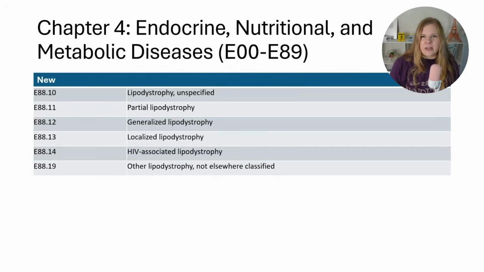The updates break down lipodystrophy into types: partial, generalized, localized, HIV associated, and other not otherwise classified, as well as our unspecified code. So if providers continue to document just lipodystrophy, there is still an unspecified code to utilize.